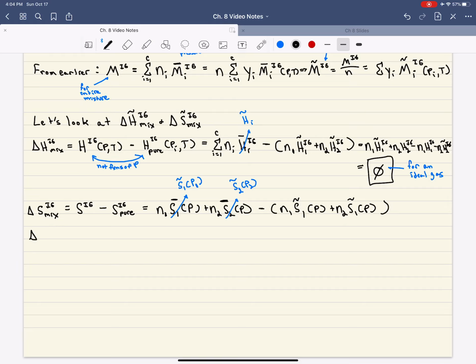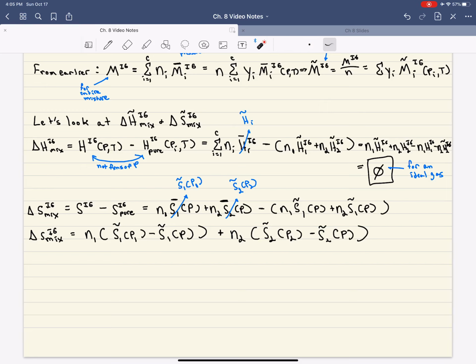So if we rearrange delta S mix, what we get is N1 times S1 at P1 minus S1 at P, plus N2 times S2 at P2 minus S2 at P. And I'll highlight here that what we're looking at is the entropy of the pure component at pressure P1 minus the entropy of the pure component at total pressure. Same here. And these do not equal 0, right?